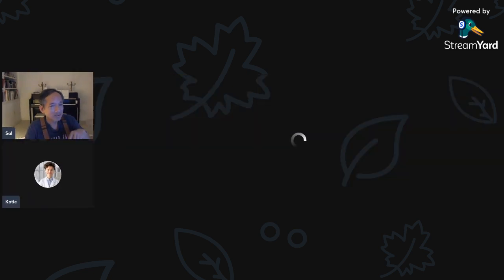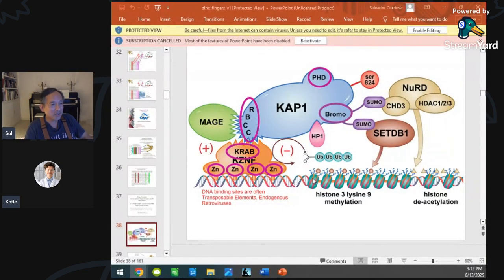But speaking of which, going back to your question, is this how it starts transcription? In this specific slide, this is not specifically transcription, but a form of regulation that involves either silencing or activation.